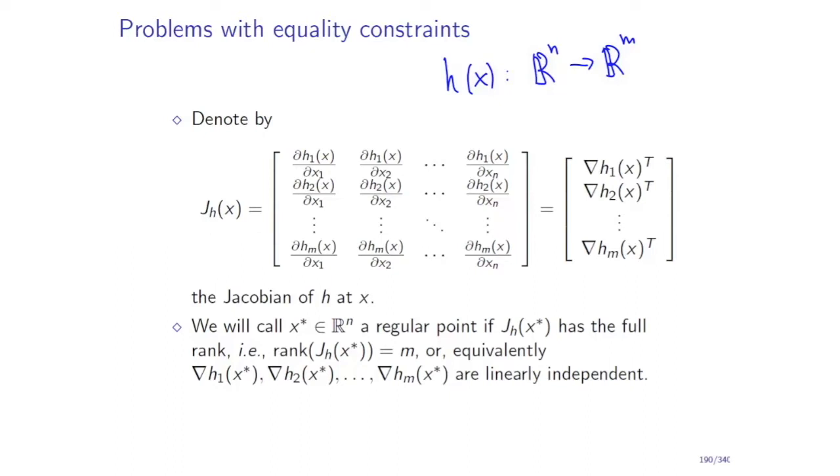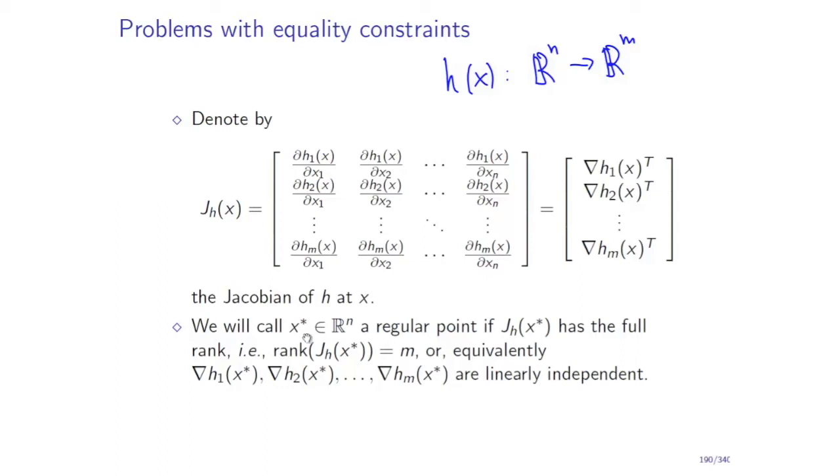There is also a concept of a regular point for constraint problems. The regular points will be the points for which we will have the optimality conditions actually. If the point is not regular, then the optimality conditions that we'll discuss will not apply to such problems. Okay? So what is a regular point for a problem with equality constraints?